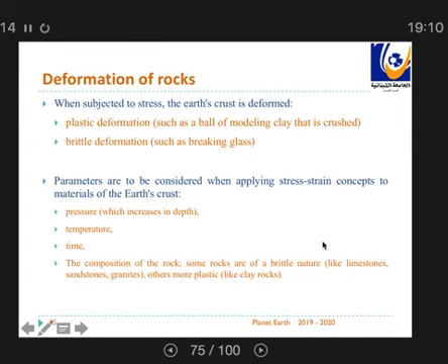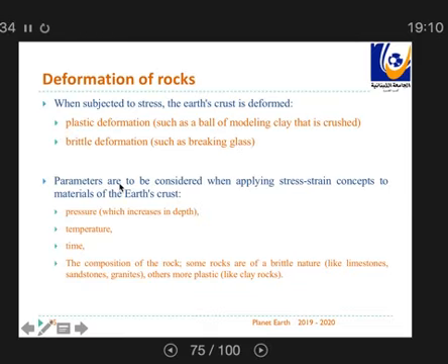What about the deformation of rocks? So when subjected to stress, the Earth's crust is deformed. The deformation may be plastic, such as a ball of modeling clay when it is crushed, or brittle, such as breaking glass.